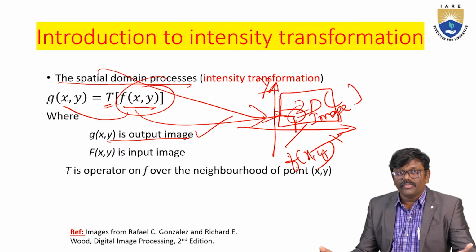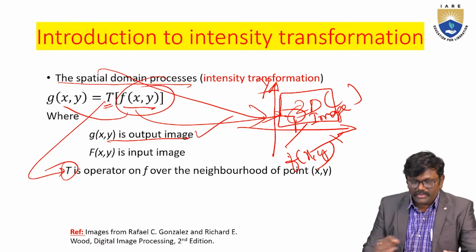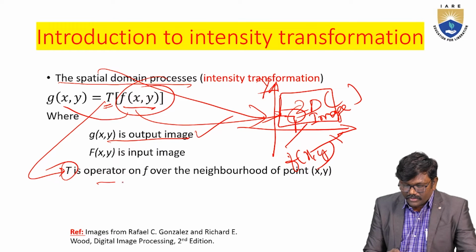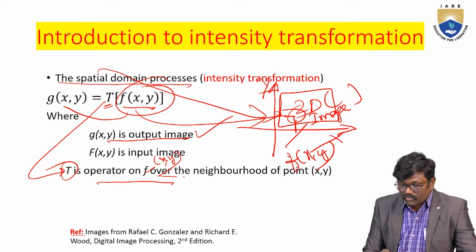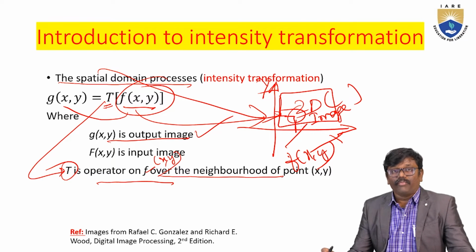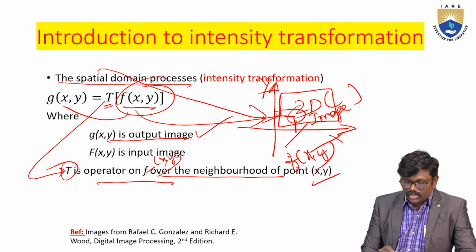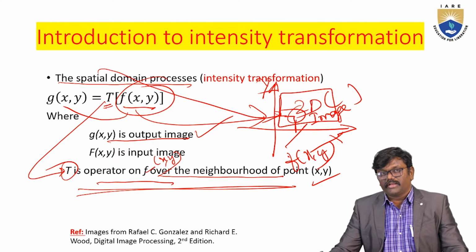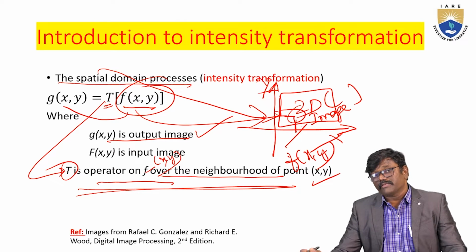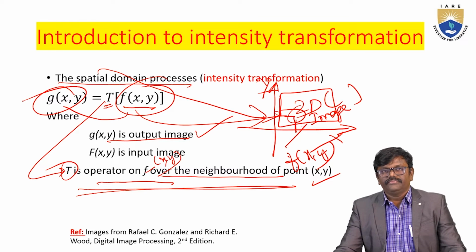How is it transformed? What does T mean here? T is an operator on f of x comma y over the neighborhood of the point x comma y. So the transform of f of x comma y is nothing but g of x comma y.